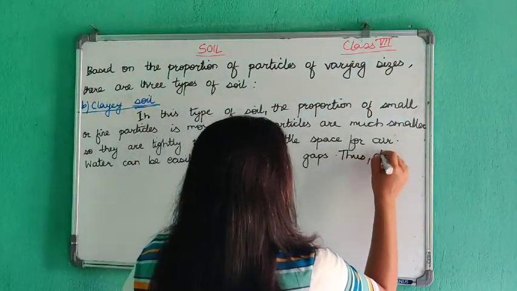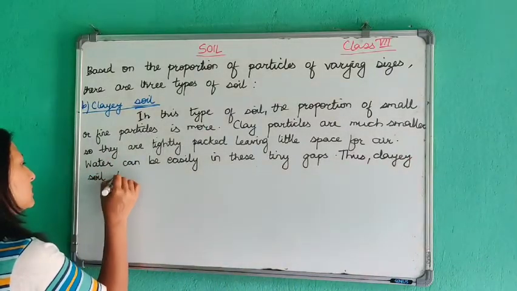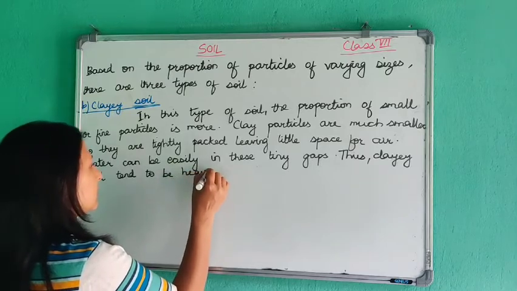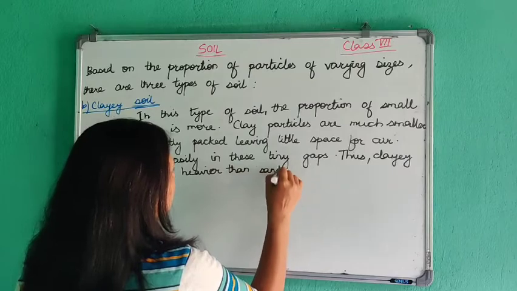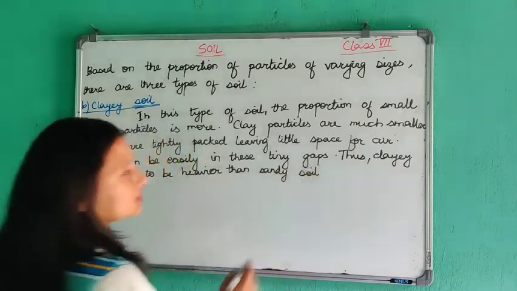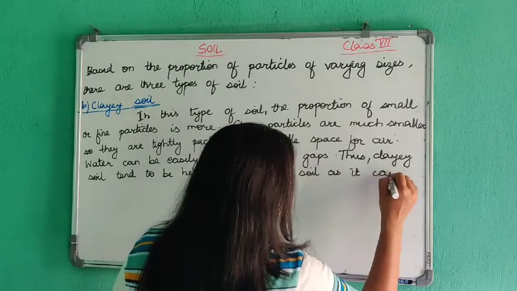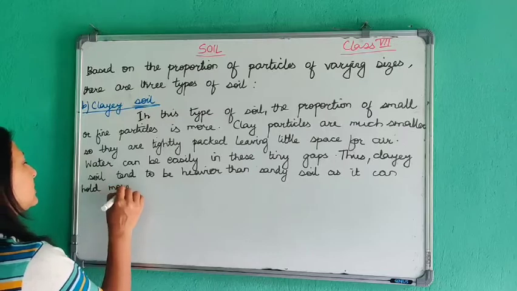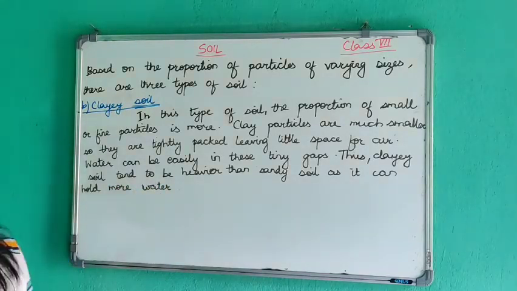Thus clayey soil tends to be heavier than sandy soil. किन heavy हुन्छ? किनभने यसमा पानी बस्छ, as it can hold or retain more water. Okay, so this is the second type of soil.